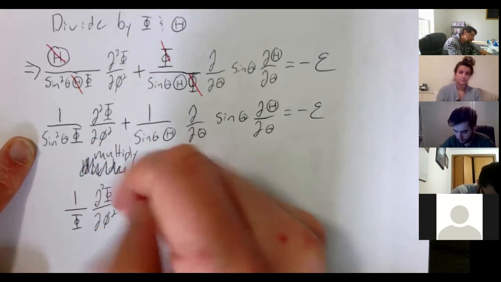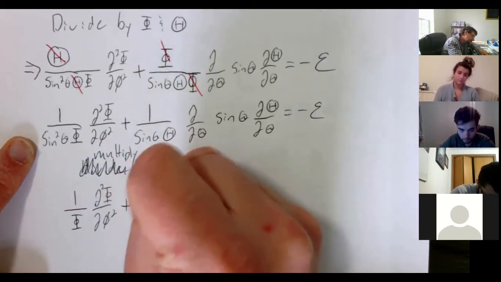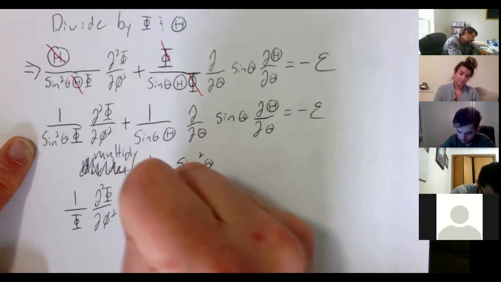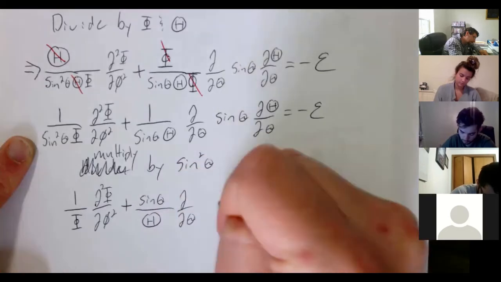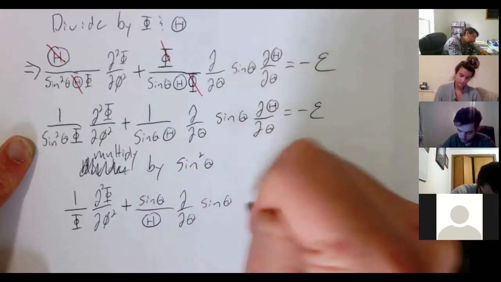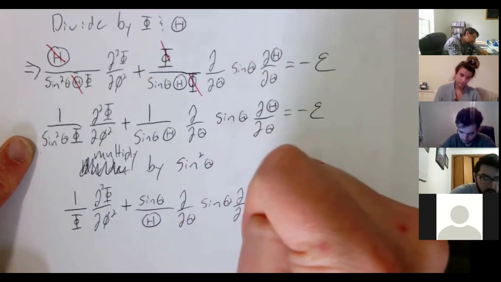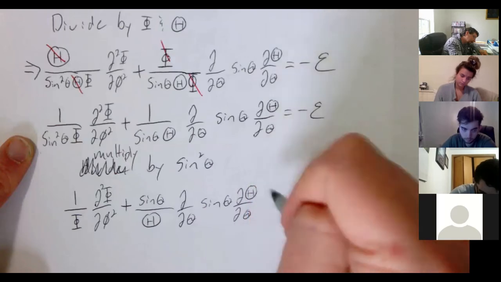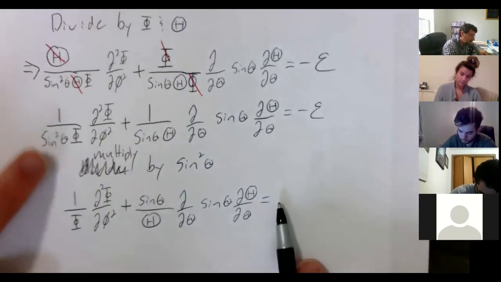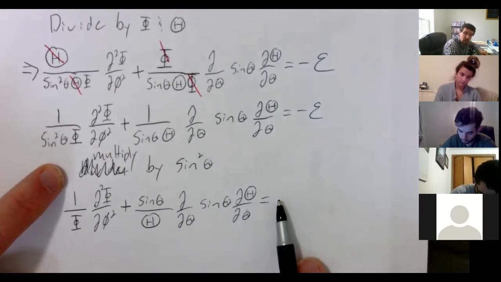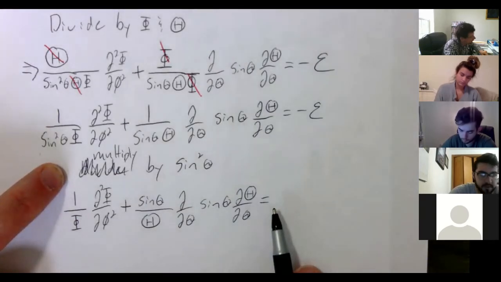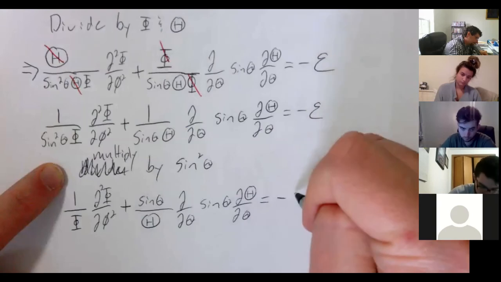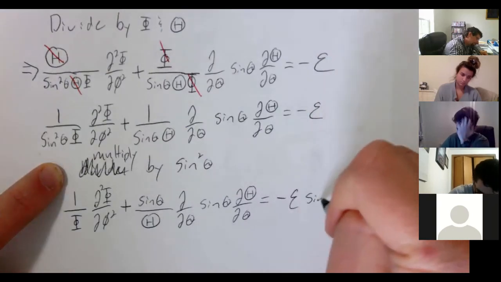And then sine theta over capital theta, differential with respect to theta, sine theta, capital theta. And that's all equal to what if we're multiplying by sine squared? Negative epsilon sine squared theta. Yep.